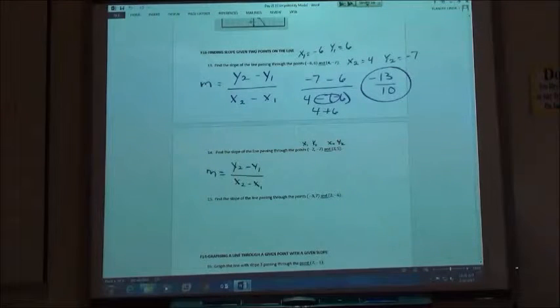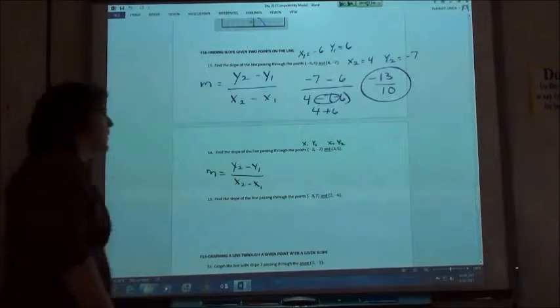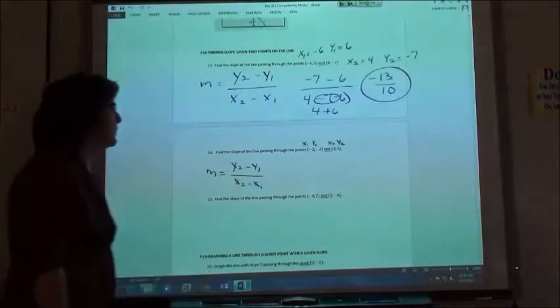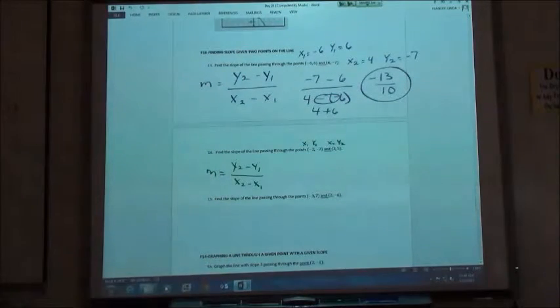So, what number is the y value from point 2? So the first point is x1 and y1, the second point is x2 and y2.